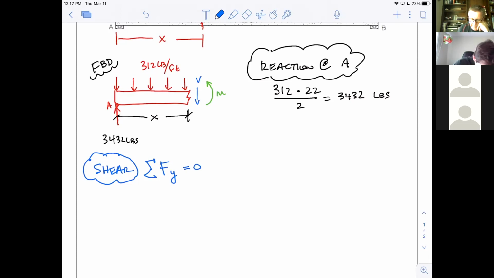So don't you have 3,432 pushing up? You have 312 pounds per foot times X feet pushing down, and you have V pushing down, all of which need to be equal to 0.